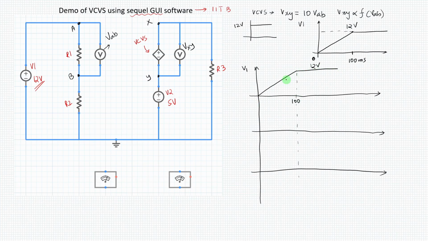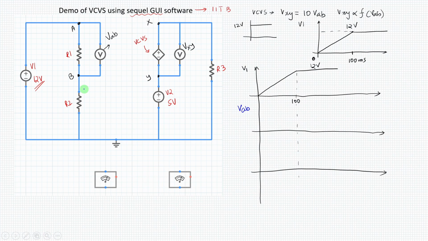The next graph I want to plot is VAB, the voltage across the points A and B, which is basically the voltage across this particular resistor. I will not give you the magnitude of VAB, because to calculate it you should understand Ohm's law, which we have not taken up yet.